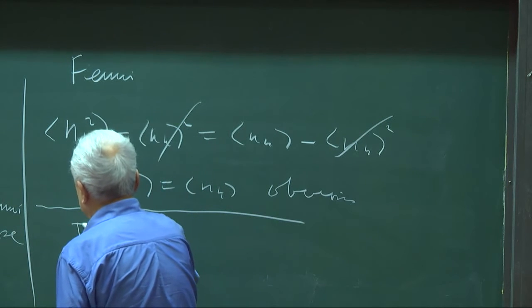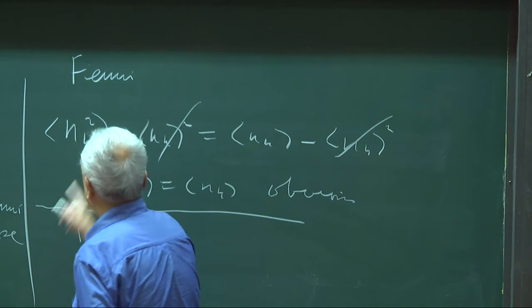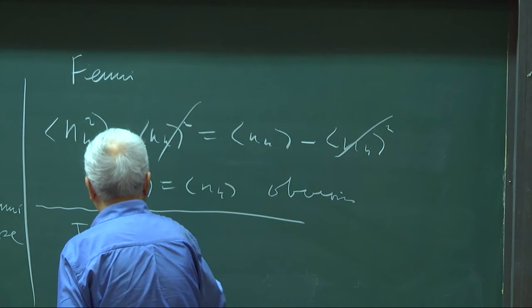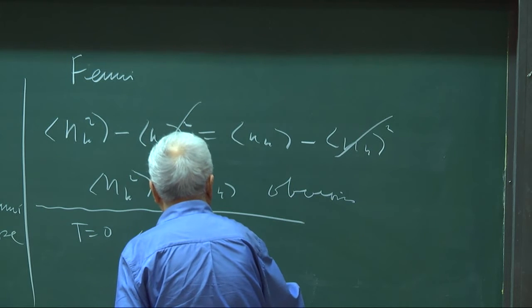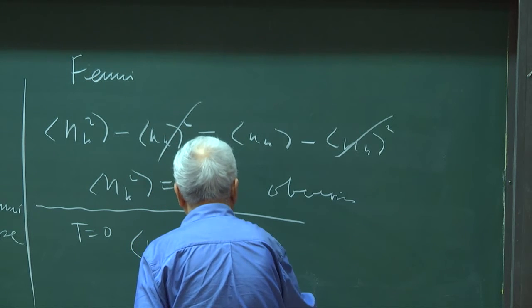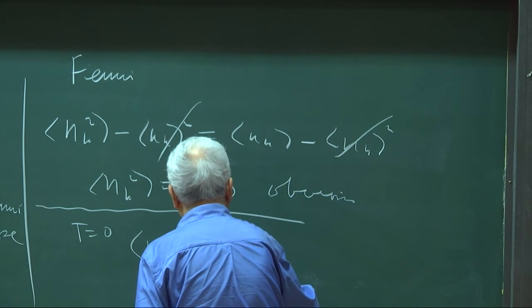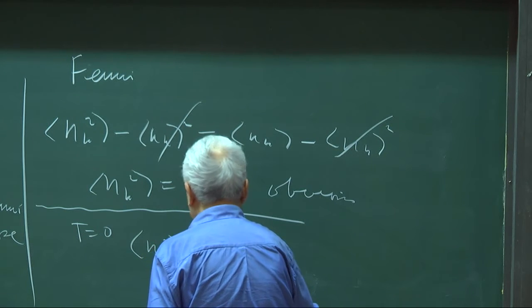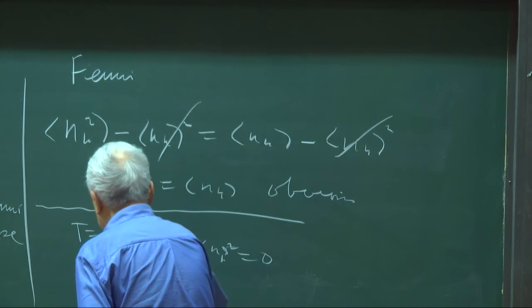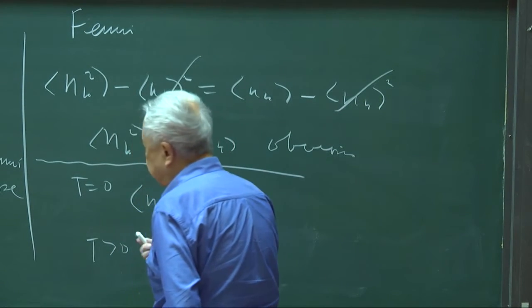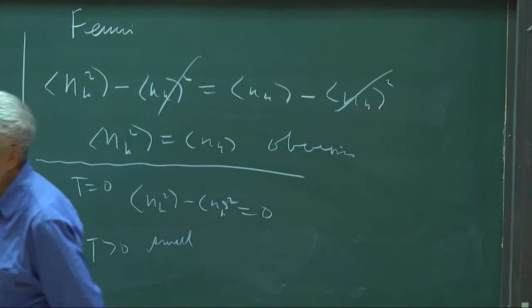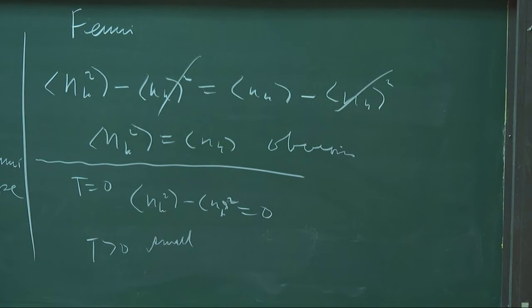Also at T equal to 0, this fluctuation is equal to 0. At T greater than 0, it's very small until you get to the classical case, where it goes into the Boltzmann statistics, which is also small. So I will not discuss the Fermi case any more.